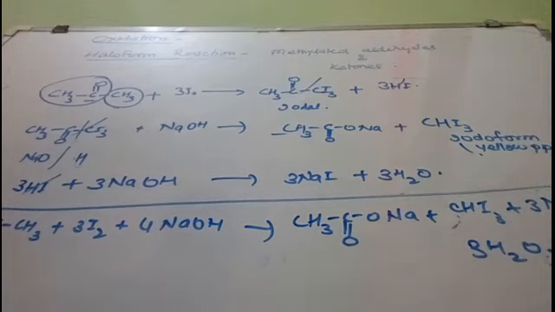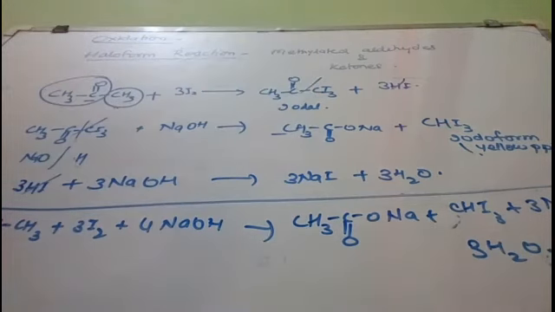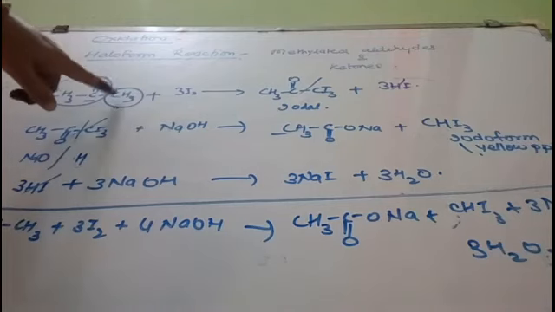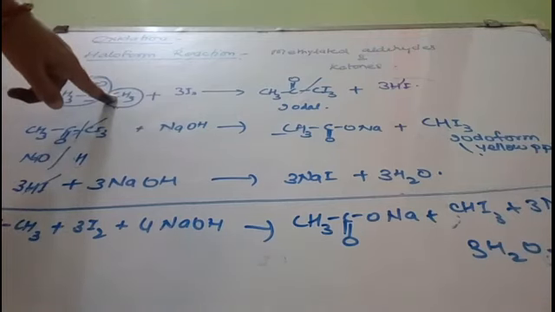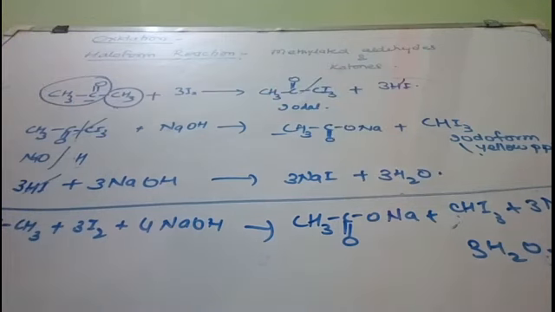Got it? So this is how the aldehyde or ketone will be oxidized to form the sodium salt of carboxylic acid, which will contain one carbon less. The carbon which is in the form of this methyl group will be removed in the form of haloform, right? So that is your haloform reaction.